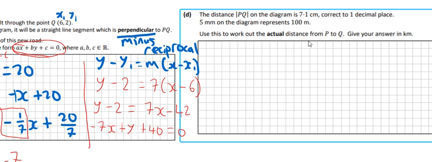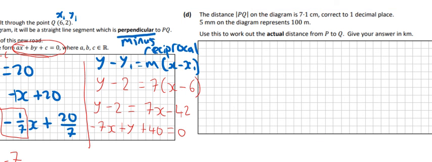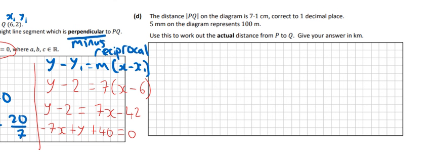So use this to work out the actual distance from P to Q. So here's P and here is Q. The first thing I'm going to do is, well, 5 millimeters, that's the same thing as 0.5 centimeters, just so we have everything in the same units here, because we're given centimeters.